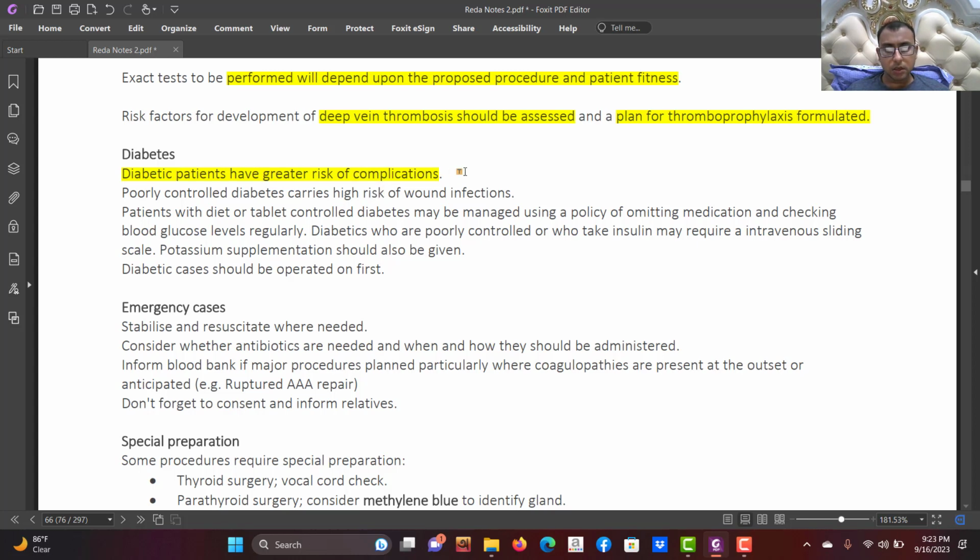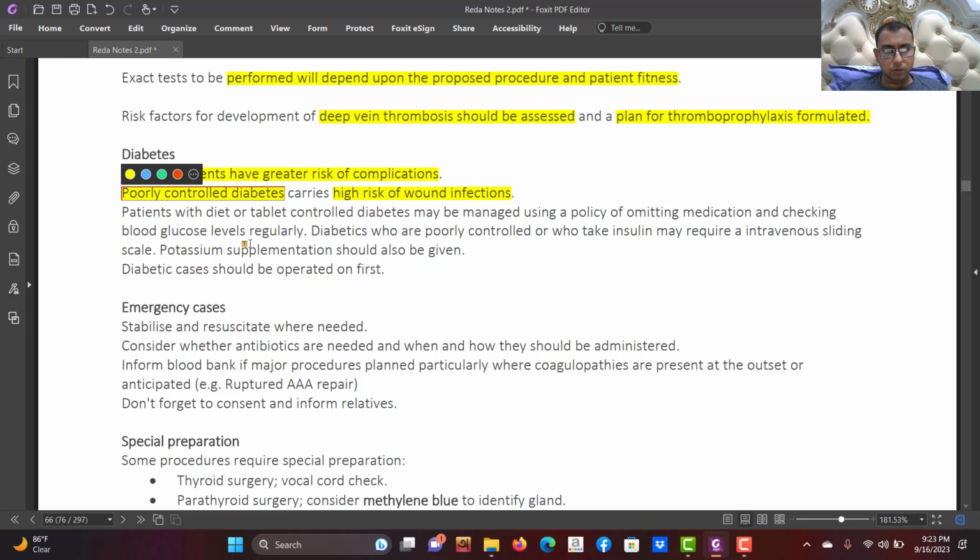So in that case we should keep a diabetic patient in the first list. Poorly controlled diabetes carries a high risk of wound infection, that is diabetic ketoacidosis or uncontrolled diabetes mellitus. Patients with diet or tablet controlled diabetes may be managed using the policy of omitting medication and checking blood glucose level regularly.